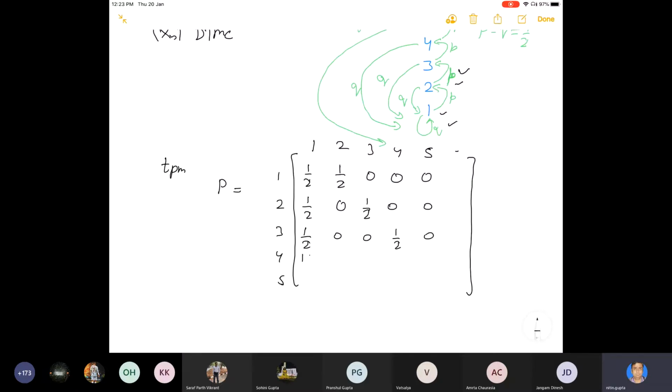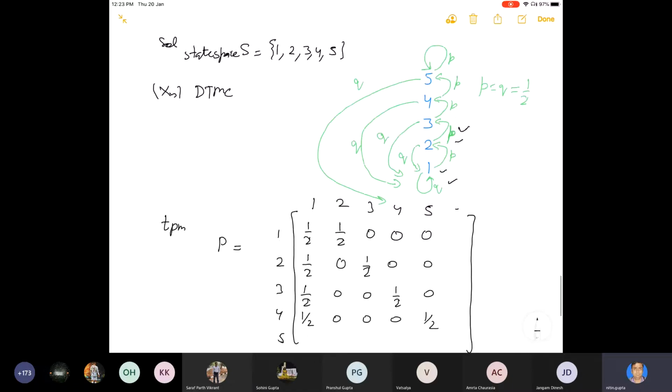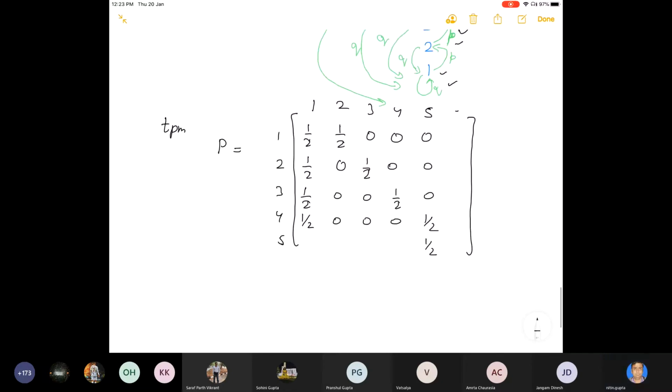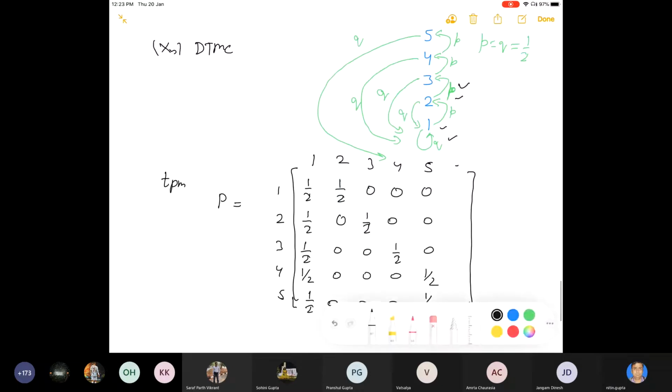Then half, 0, 0, 0, half. In the last, at the level 5, it will either remain at 5 with probability half, with probability P, or it will move down. 0, 0, 0. So this is the TPM here.